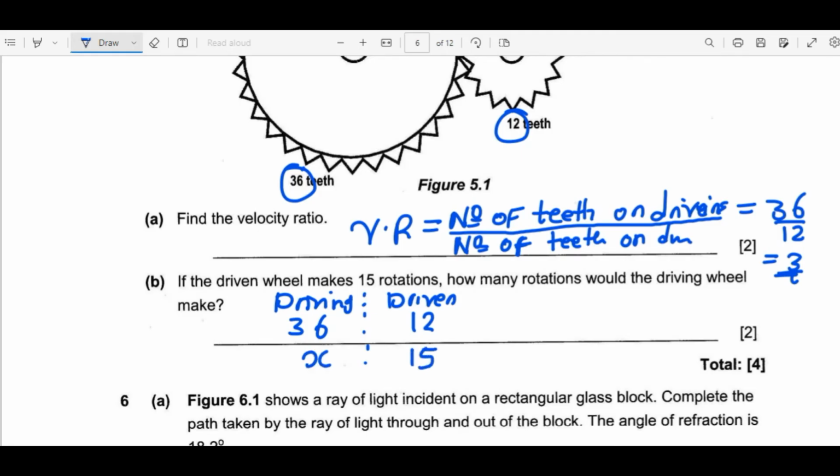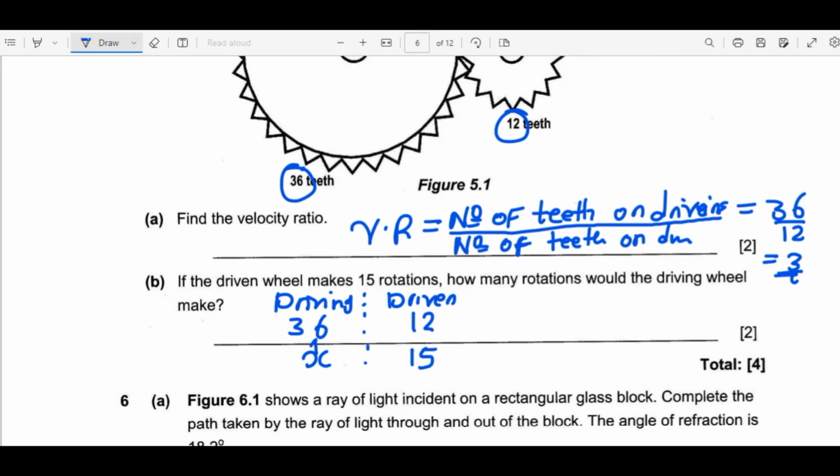We put x here for the driving wheel. This is an inversely proportional kind of question. The smaller wheel is making more rotations while the larger one is making fewer, so we are not going to cross multiply in this case.